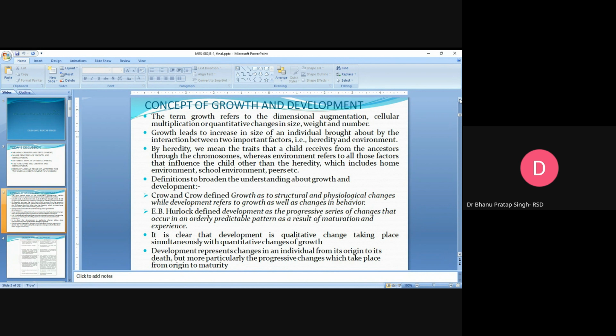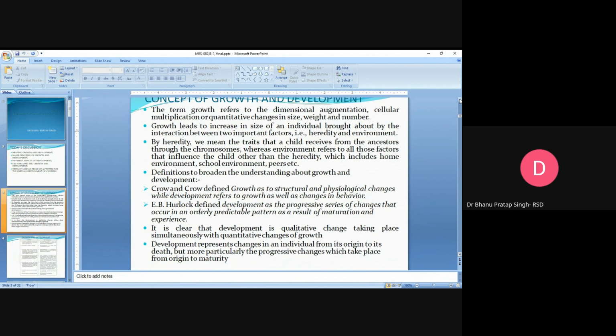E.B. Hurlock defined development as a progressive series of changes that occurs in an orderly, predictable pattern as a result of maturation and experience. So Hurlock said that changes are coming in a kind of order. Means one time the weight of one particular thing is 2 kg, then it becomes 3 kg, then 4 kg. That means that is a kind of maturation, and it is called growth.